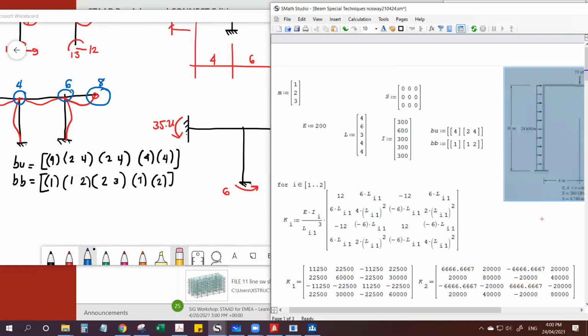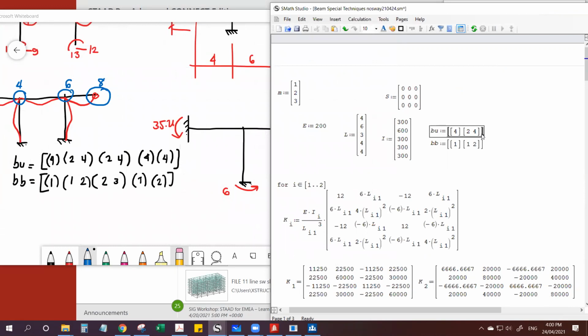Maybe I can delete this now. 1, 2, 3, 4, 5. 1, 2, 3, 4, 5. 4, 2, 4, 2, 4, and 4, 4. 4, 4. Okay. And I'll just copy this. 1, 1, 2, 2, 3, 1 and 2.